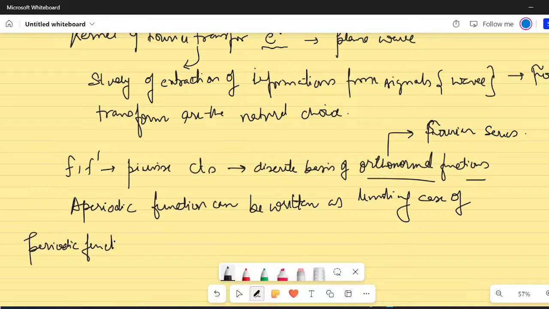That is, if the fundamental period of this particular function is T, then the limit T tends to infinity of this periodic function will certainly lead to an aperiodic function.